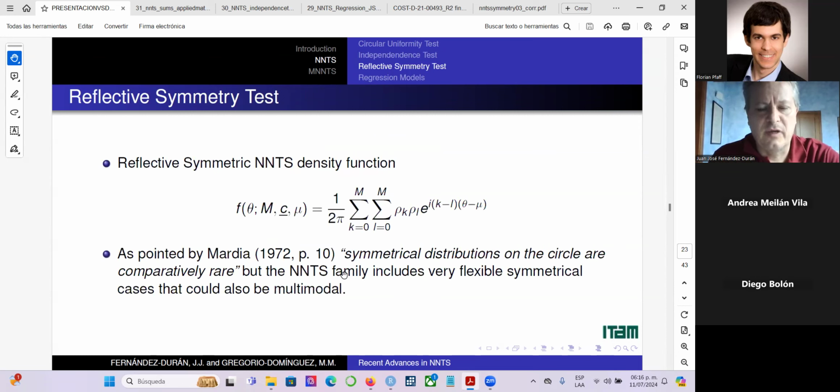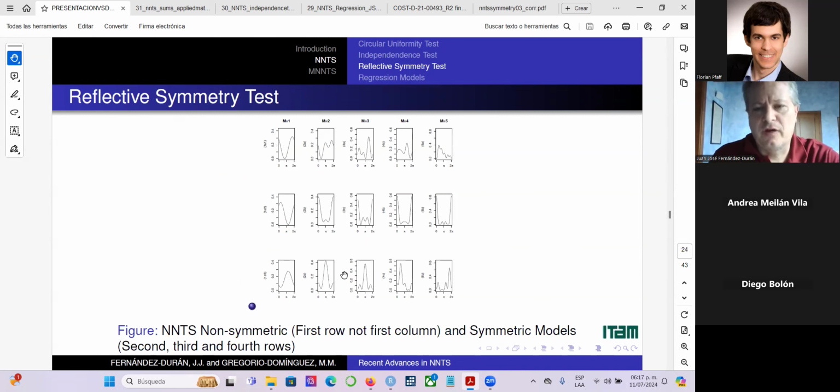Then it's very easy to apply a test just to test that the complex parameters are real. And you have here some examples of different NNTS models that are symmetric and multimodal.